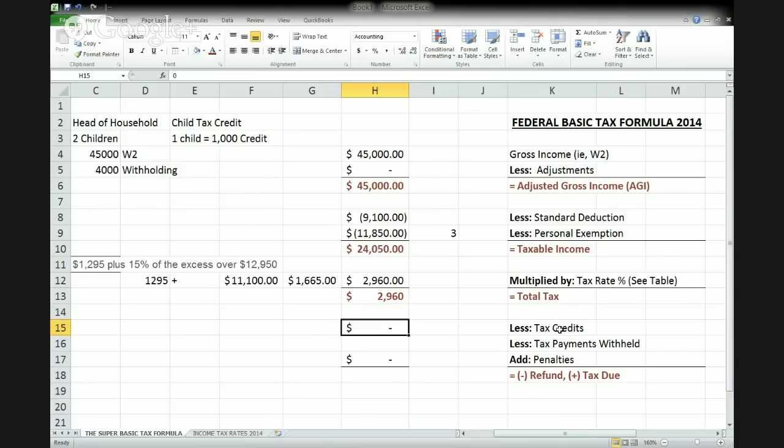Now we're going to subtract any tax credits, and remember, for every child we're going to give them $1,000. So we're going to subtract 2,000. This is real. This is a credit called the child tax credit, and a lot of people do qualify for this. Minus any tax payments withheld, she withheld $4,000 from her paycheck.